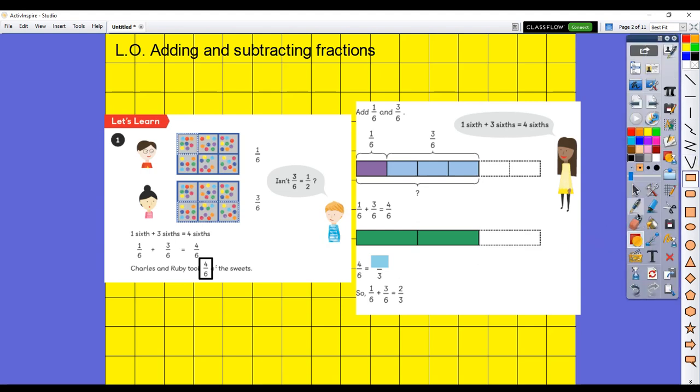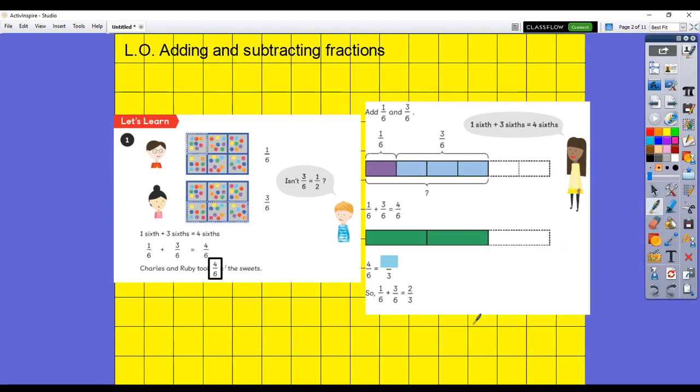So if we divided the numerator and the denominator by 2, because remember, whatever you do to the top, you have to do to the bottom, we're going to get 2/3. So you can say 1/6 add 3/6 is 4/6, but we're going to say it's in its simplest form, it is 2/3.